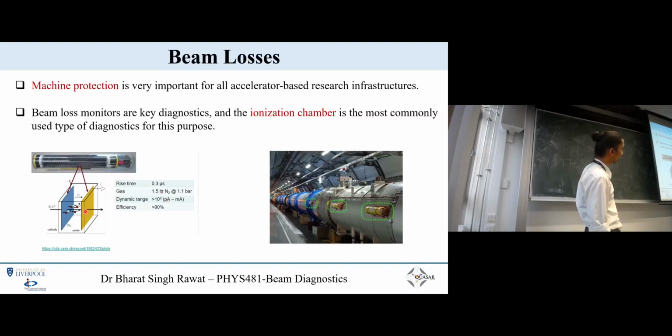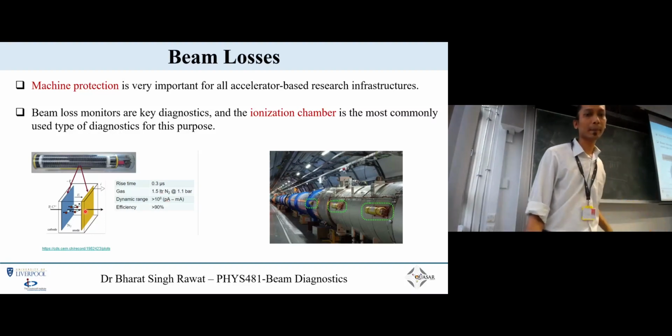Plus, it is also kept under high pressure. Here you can see the gas, which is nitrogen, kept at 1 bar pressure. Pressure is also kept high to increase the interaction probability. You have more dense gas inside the chamber, so your interaction probability also increases.